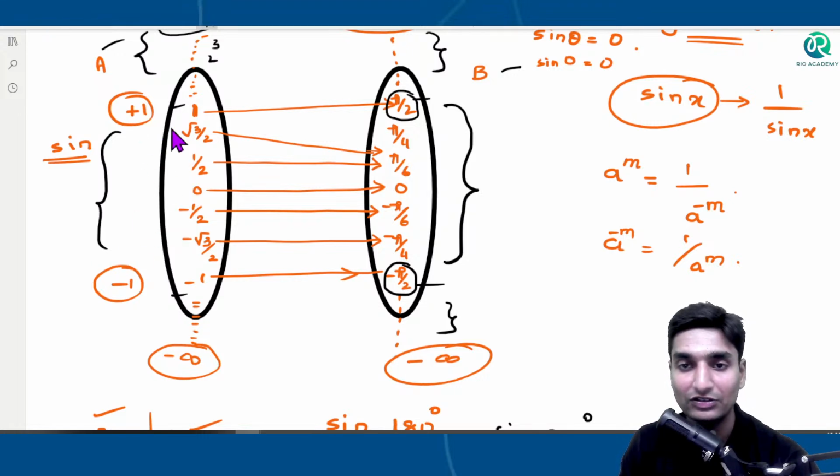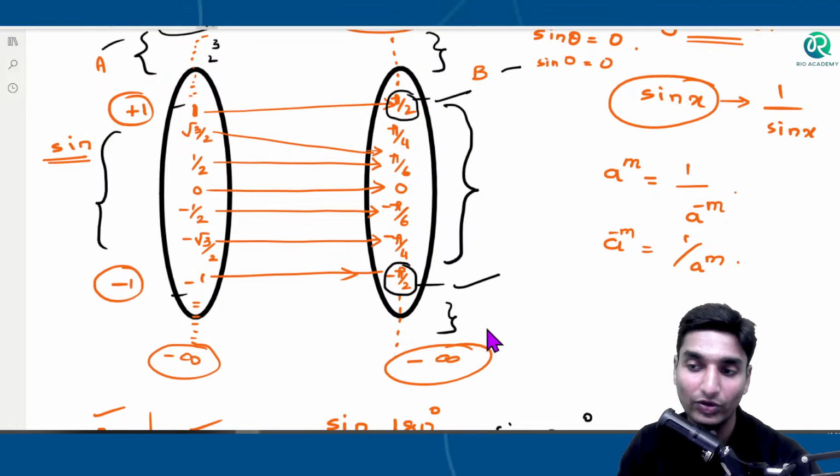Of course the range remains the same, +1 to -1, that is the maximum value. But we have assumed the angles here, pi upon 2 and negative pi upon 2. We are not going to look beyond these angles. We have assumed that, remember. And only then, if you stop it here, at pi upon 2 and negative pi upon 2, you can see all the elements in set B and all the elements in set A will be related to each other.